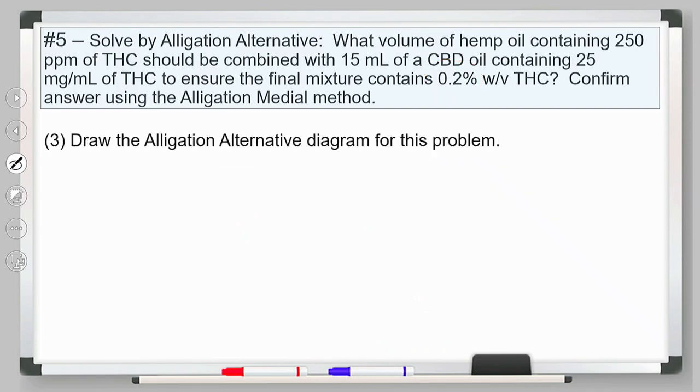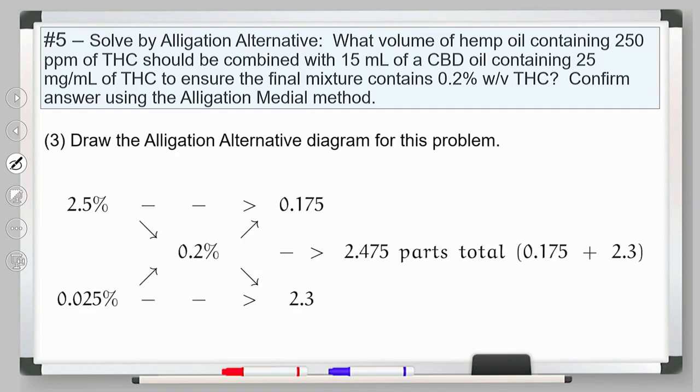Since you guys look beat down already, I'll just keep going here. Let's see how you did. Once we found the concentrations all as a percent, let's put the high one on top, 2.5 up here, 0.025 down low, and our target is 0.2%. So we've got our little triangle. We cross subtract going down: 2.5 minus 0.2 is 2.3 parts.